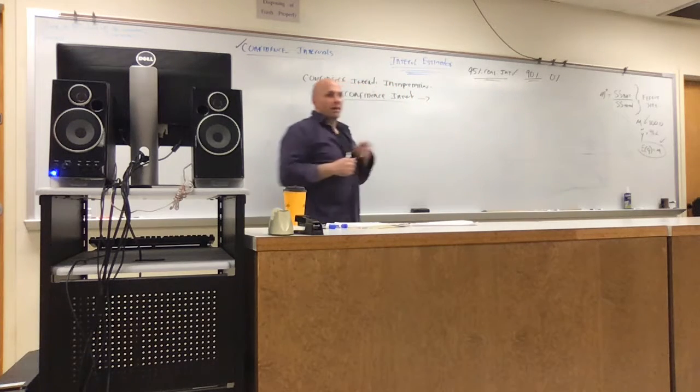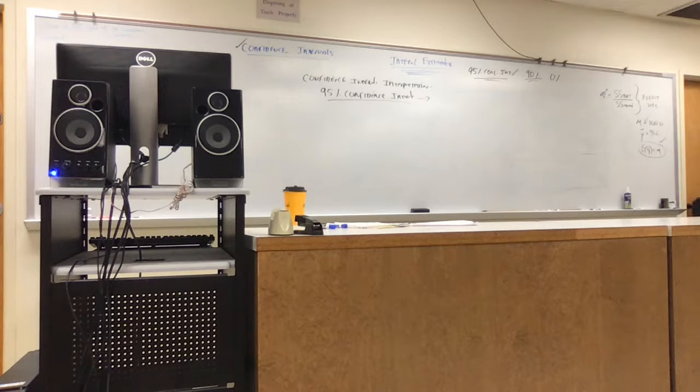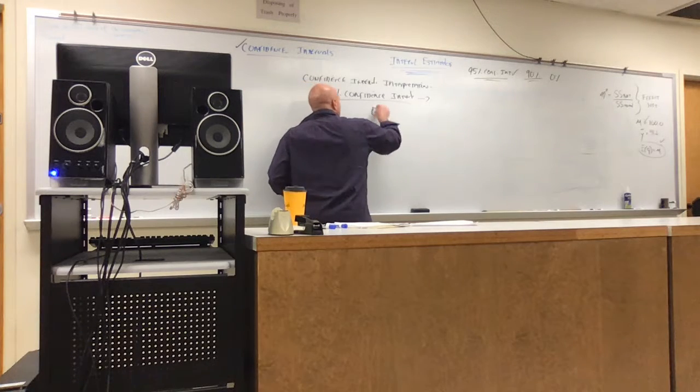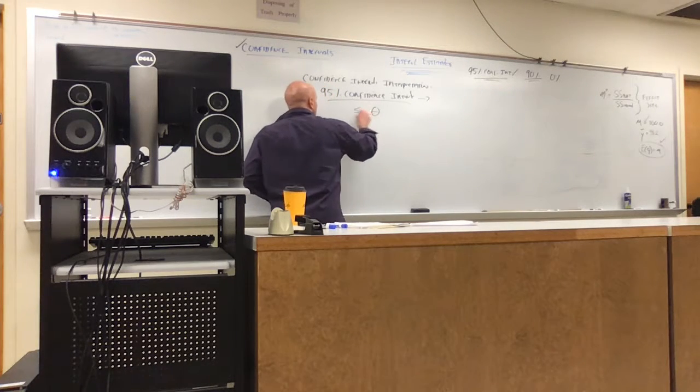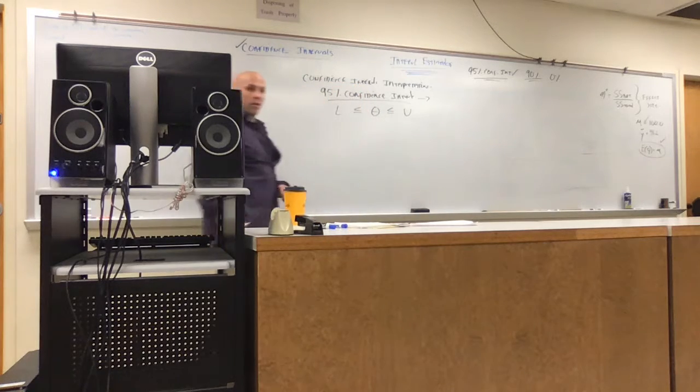What could that possibly mean? Well, we said there's a 95% probability that the true parameter is between the upper and lower limit. So I've got my parameter, and I've got my lower and my upper here.